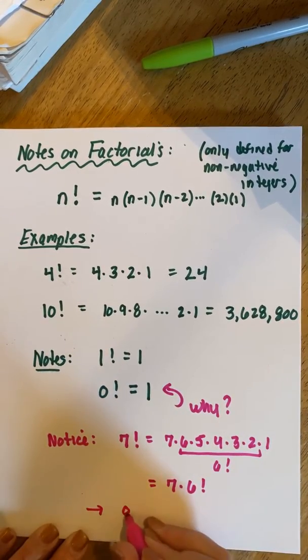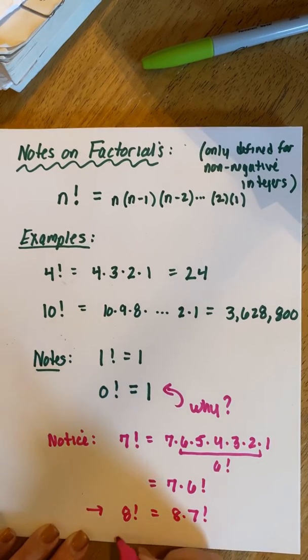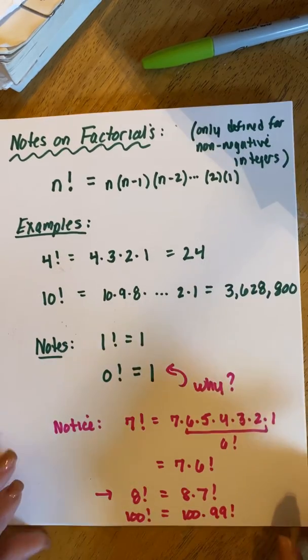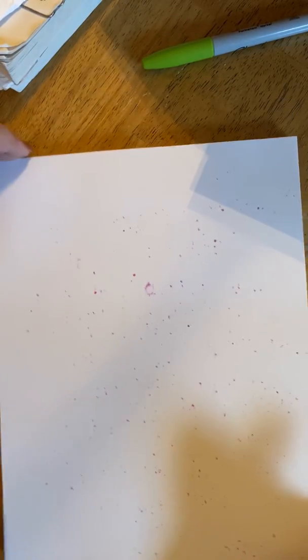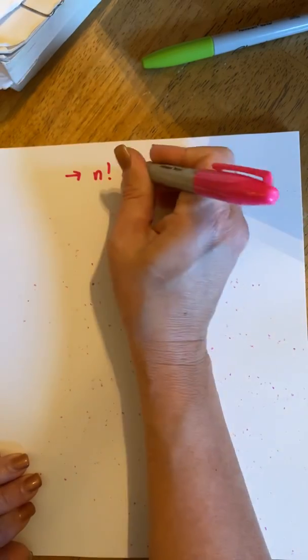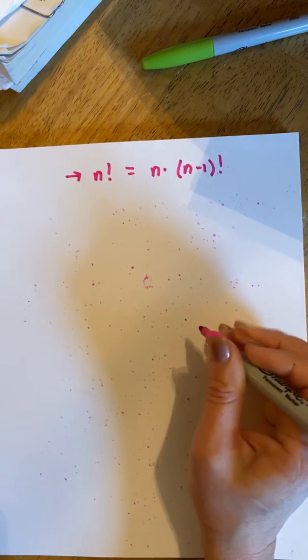So therefore, 8 factorial is just 8 times 7 factorial. 100 factorial is just 100 times 99 factorial. So keeping that in mind, any number factorial can be n times its previous number's factorial.